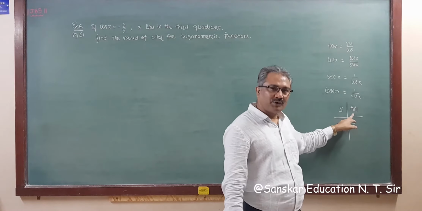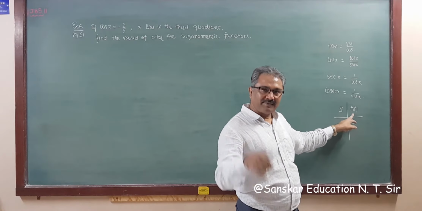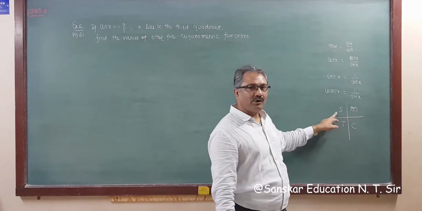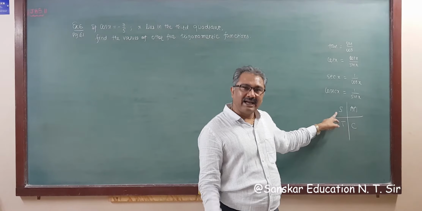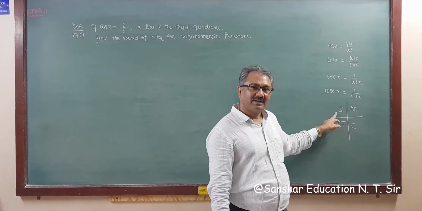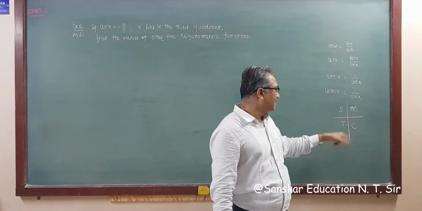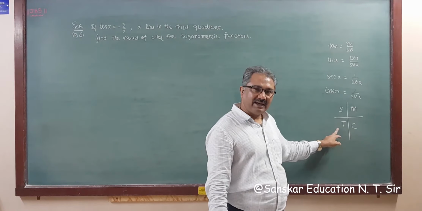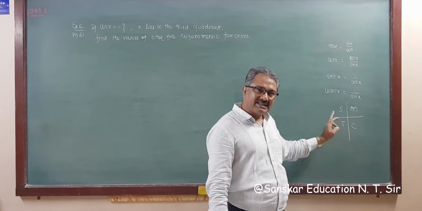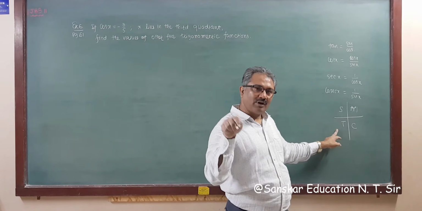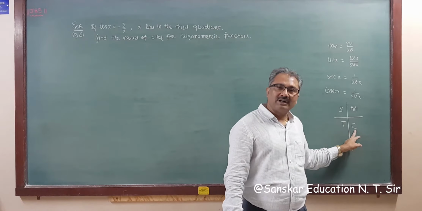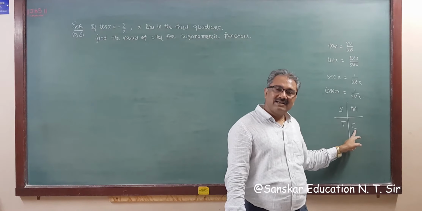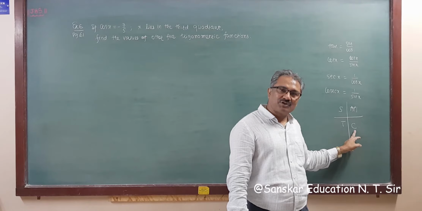So all means all positive. All 6 trigonometric functions are positive in first quadrant. Second quadrant, sine and reciprocal of sine is positive, that is sine and cosec. In third quadrant, T means tan, and reciprocal of tan is cot, positive. And fourth quadrant, C means cos, and reciprocal of cos, that is sec, are positive.